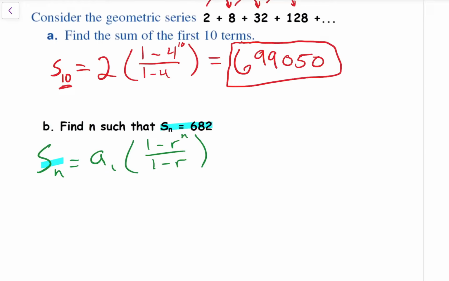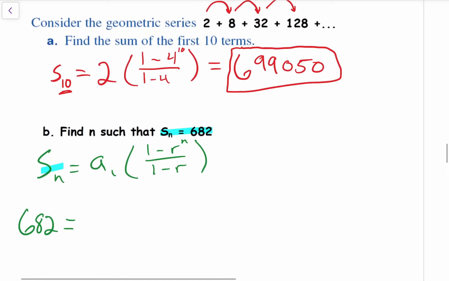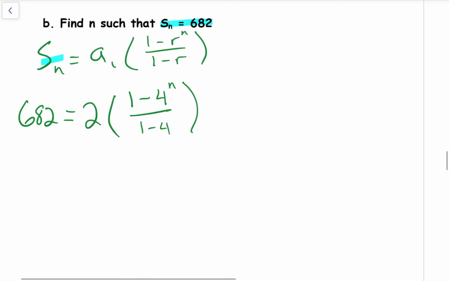I don't know n, though. So we're just going to plug in what we know. We know S sub n is 682. We know that the first term is 2. We know that our common ratio is 4. So in this case, all we need to do is solve for n.